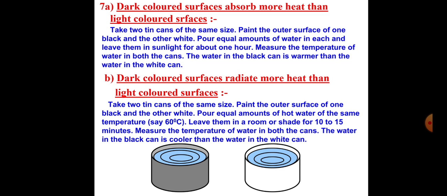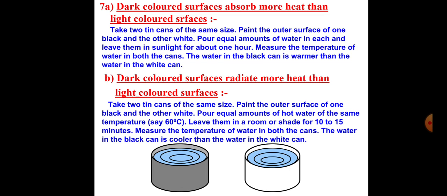Now, dark colored surfaces absorb more heat than light colored surfaces. Okay, so dark color absorbs more heat than light color. Take two tin cans of the same size. One is painted black outside and the other white.